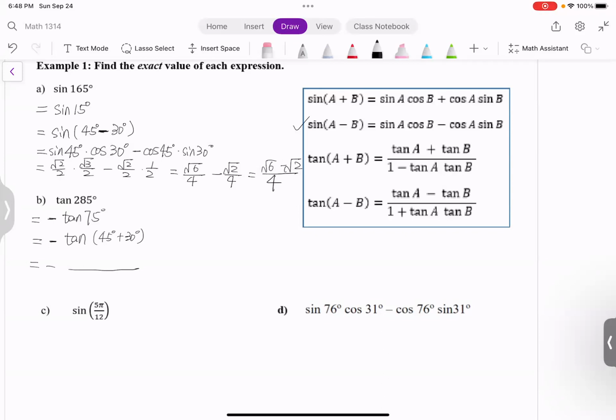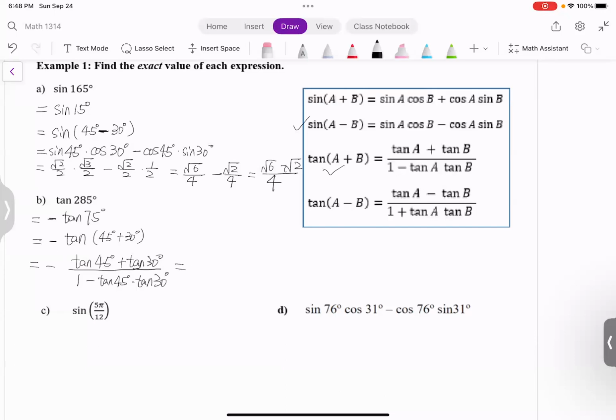Which formula am I using? The third one, tangent A plus B. On the top, I have tangent A plus tangent B, tangent 45 plus tangent 30 degrees. The bottom is 1 minus tangent 45 degrees times tangent 30 degrees.